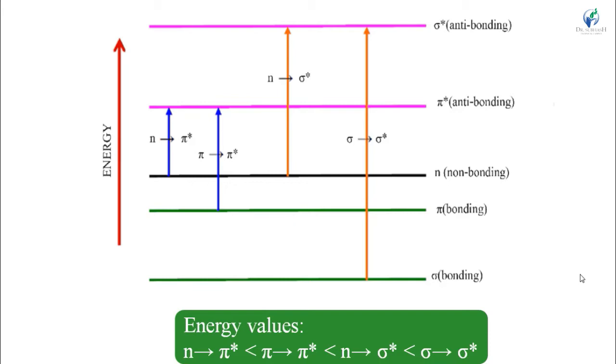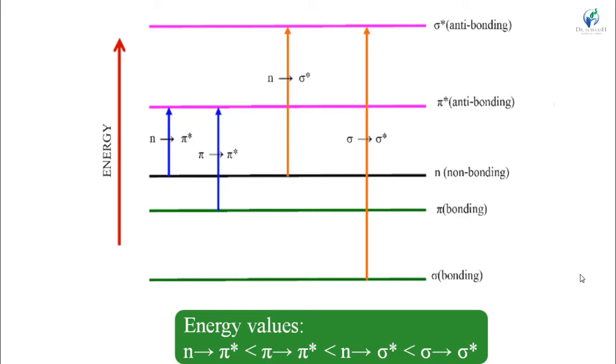The third transition is n to sigma star, meaning the electron goes from the n orbital to the sigma star orbital. And the fourth is the sigma to sigma star transition, meaning the electron goes from the sigma orbital to the sigma star orbital. So these are the four main types of electron transitions.